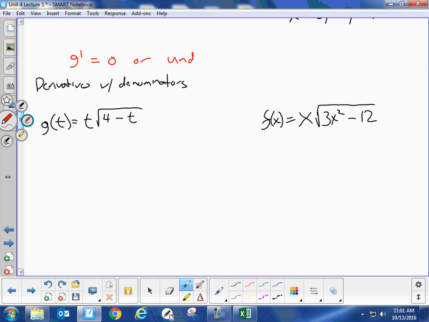If we have started by noticing this is a product and we should use the product rule, good. If we then notice that this is a chain and we need to use the chain rule for this one, good.